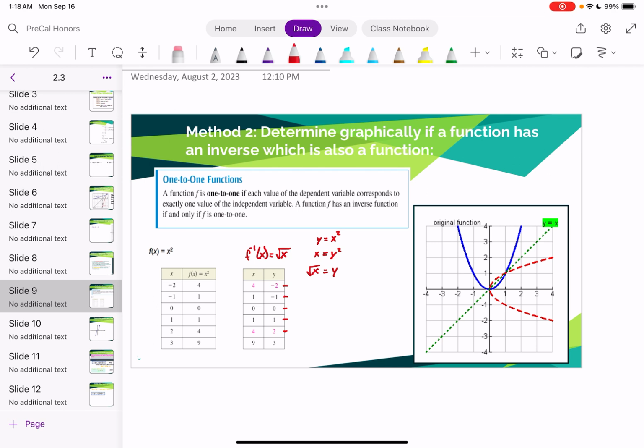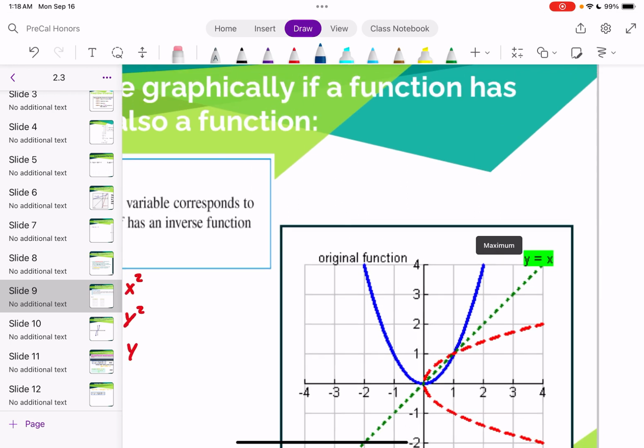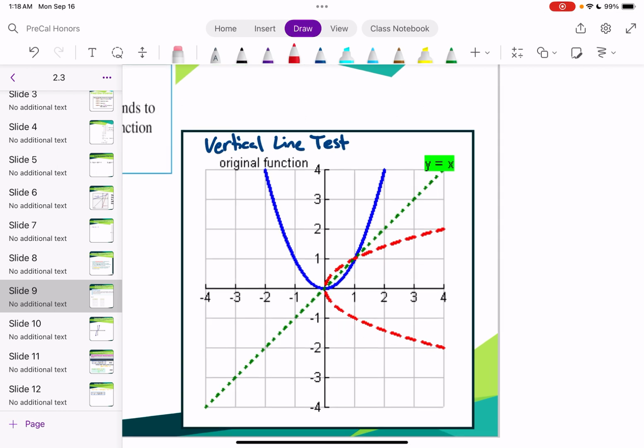Now, as we take a look at our original function in blue, in that case, we would do a vertical line test for that original function, but we would do a horizontal line test for the inverse.